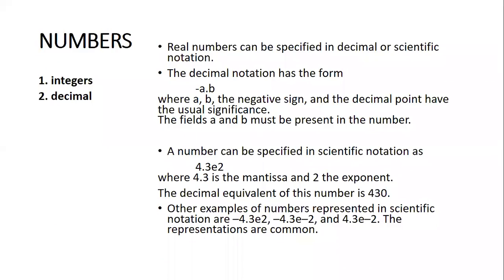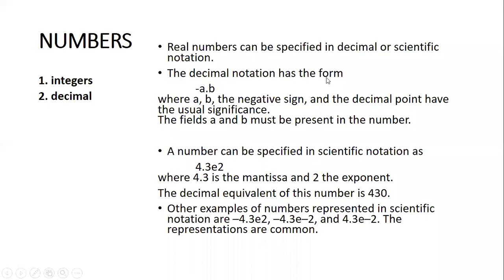Next is numbers. There are different notations to use numbers in Verilog. So this is a very important concept. Numbers will be of 2 types, integers and real numbers. Real numbers in Verilog can be specified in decimal or scientific notation. Suppose I take the number as minus a dot b.